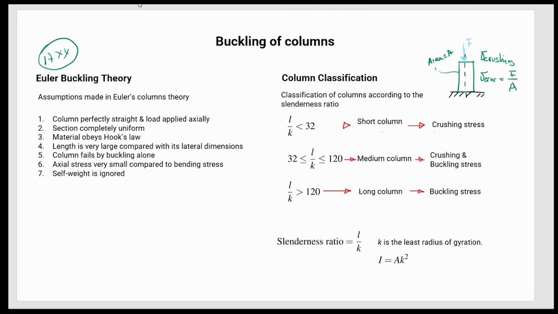Because it's going to crush, it's going to make this column crumble in some of the sections. That's why it's called crushing stress, and short columns are said to fail mainly because of crushing stress.